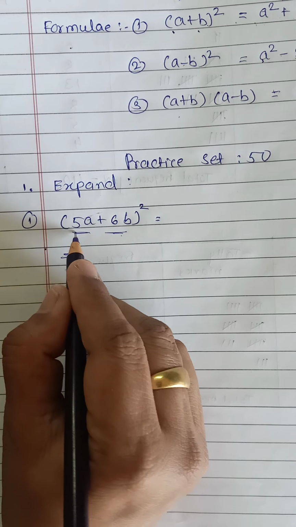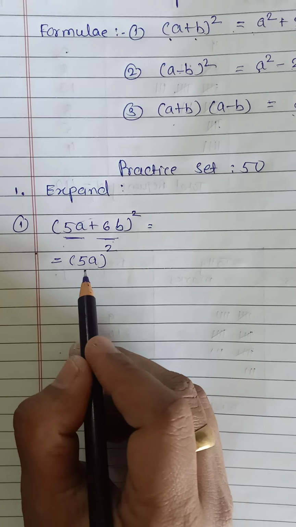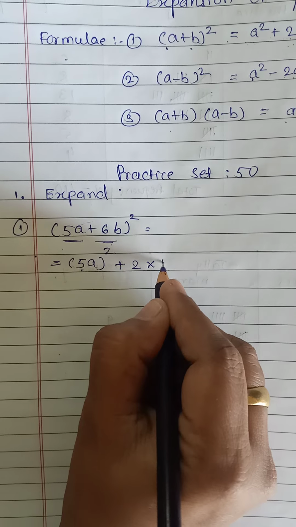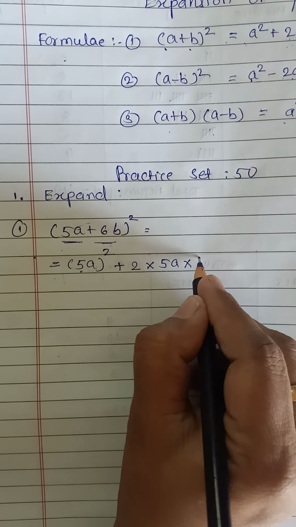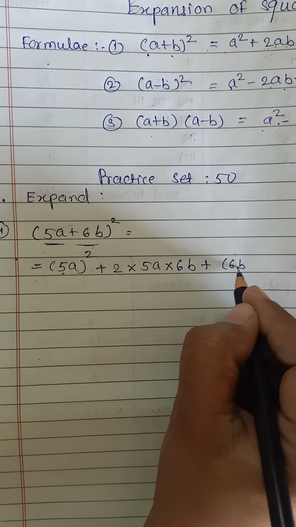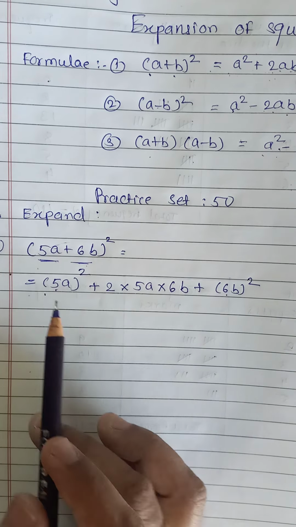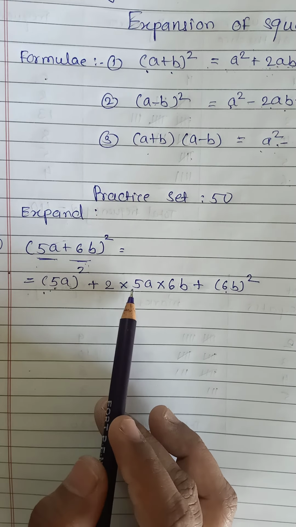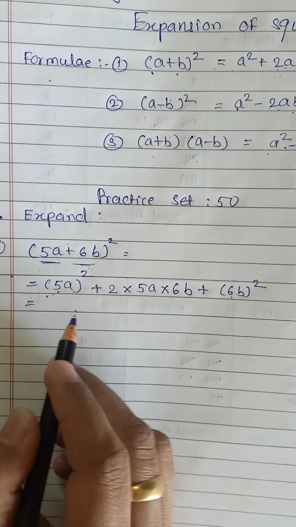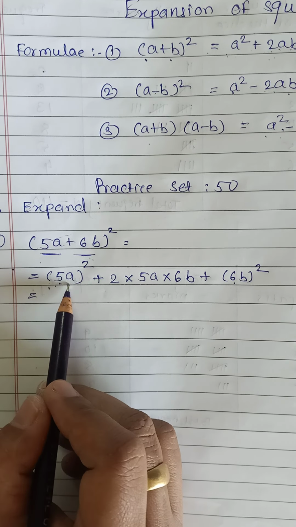First term square, first term is 5a. So (5a) square, first term square plus 2 into first term into second term plus second term square. So first term is 5a, second term is 6b. So (5a) square plus 2 into 5a into 6b plus (6b) square. Now we have to find the square of 5a, that means square of 5 and square of a also.